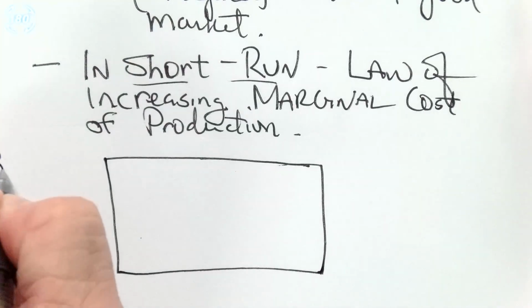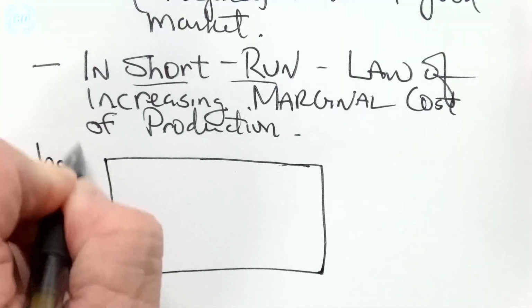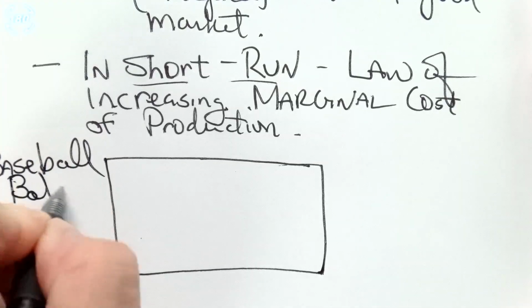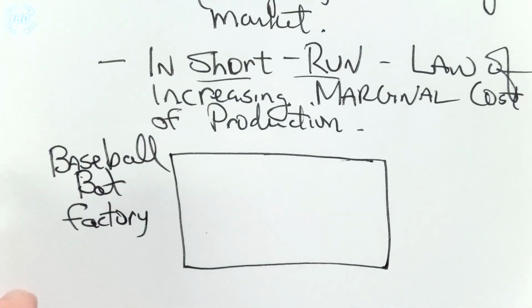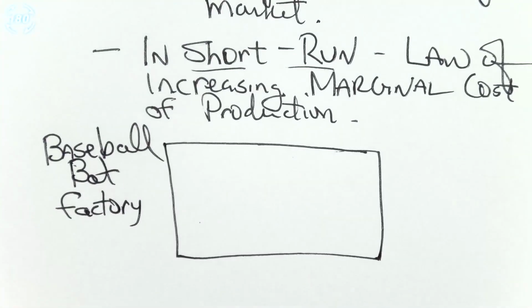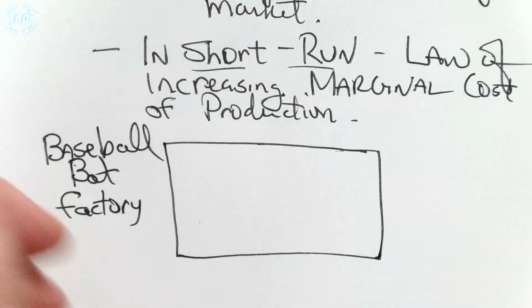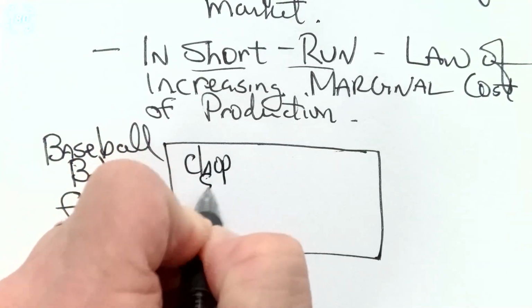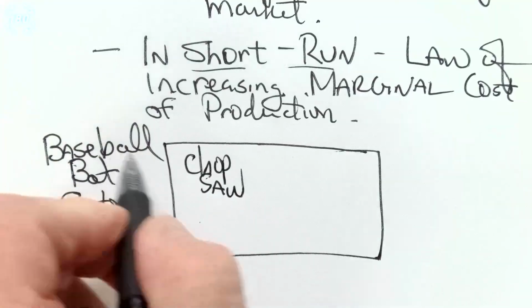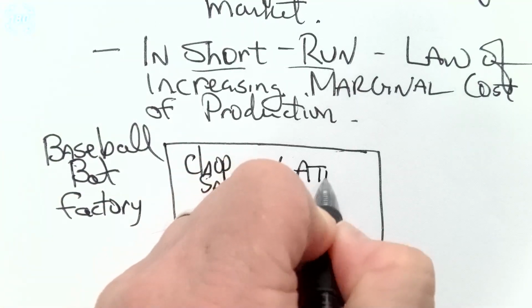So I'm going to talk here just a minute about a baseball bat factory, okay? The reason I want to do that is because we all know what a baseball bat is, and we can envision a very simple process for making baseball bats. So you have stock lumber that comes in here, and you have a chop saw, and you have a lathe over here.